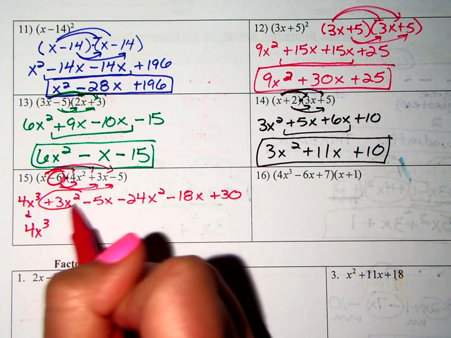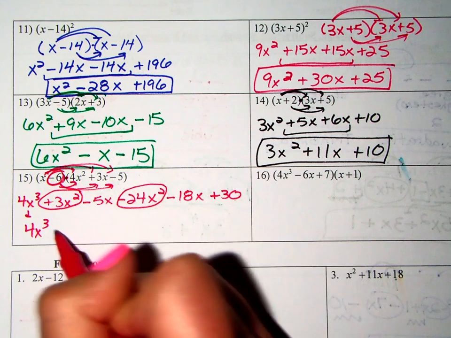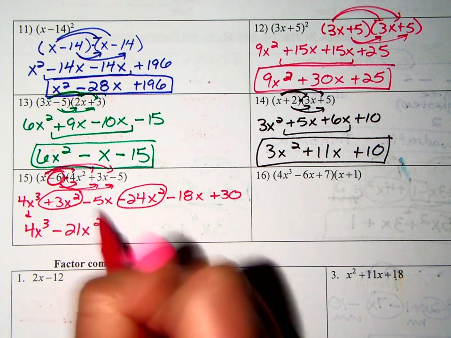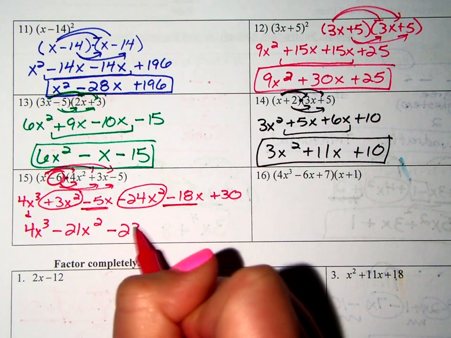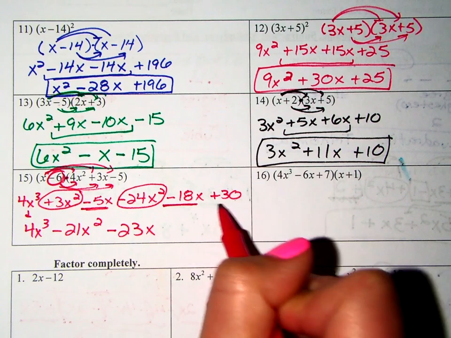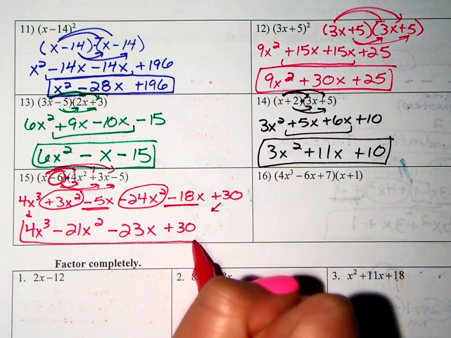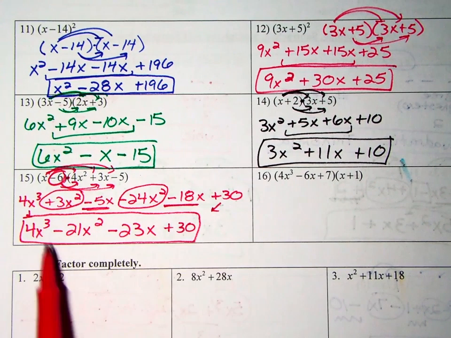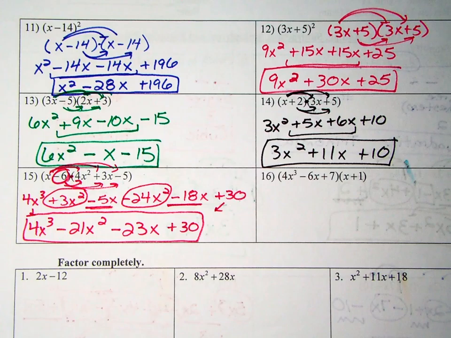But then we have a positive 3x squared minus 24, which would give us negative 21x squared. Negative 5 minus 18 would be negative 23x. And there is no like term to the 30, so we just bring that down. And again, being very conscious of the fact that my exponents go from highest to lowest.